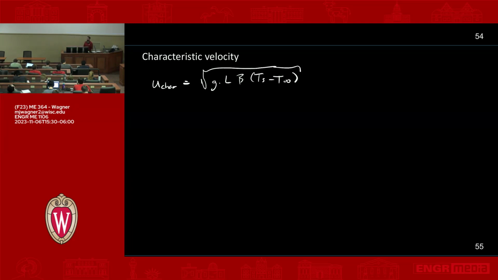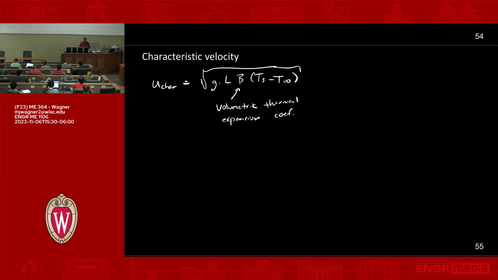What about this beta? What is beta? I guess that's kind of an important thing. Beta is the volumetric thermal expansion coefficient. If you've had thermodynamics, maybe you recognize this, maybe not.